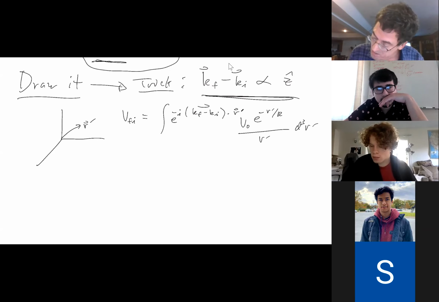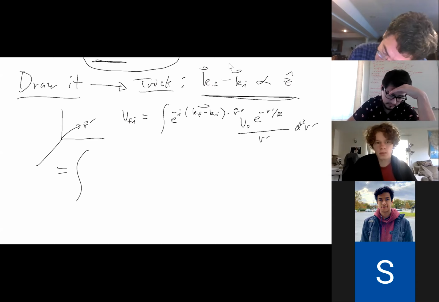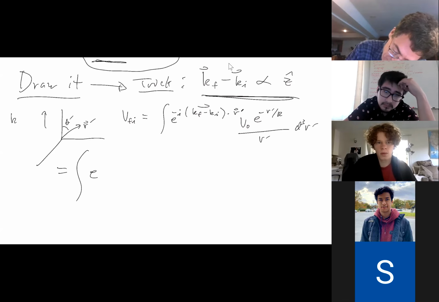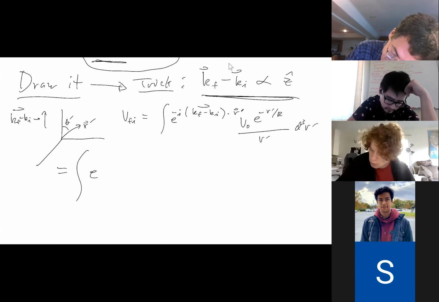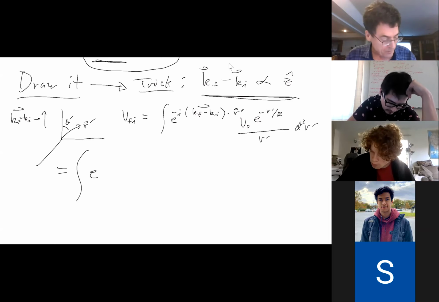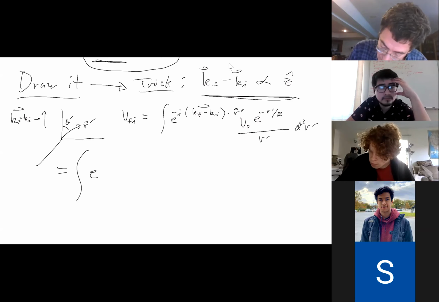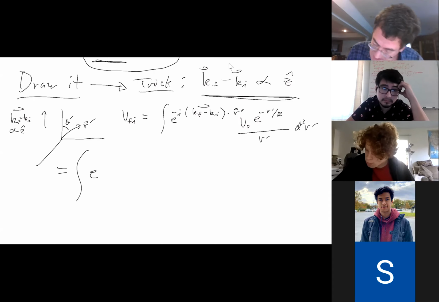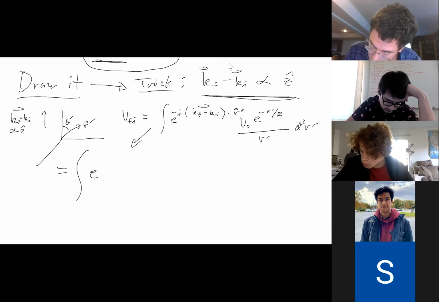And now when I do this trick, that integral is equal to e to the, and this is going to be my theta prime, and the direction of kf minus ki is in this perpendicular direction. Maybe that's getting a little too confusing. I'll just say that it's proportional to z hat.